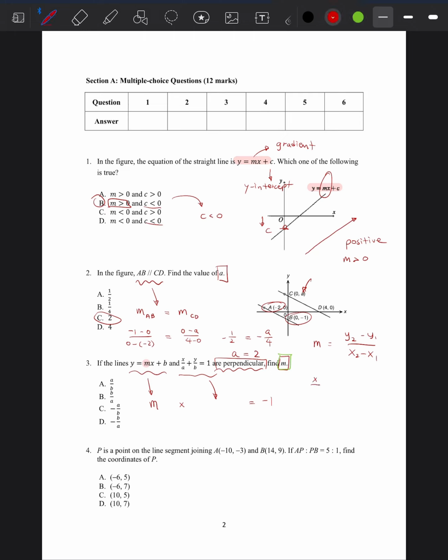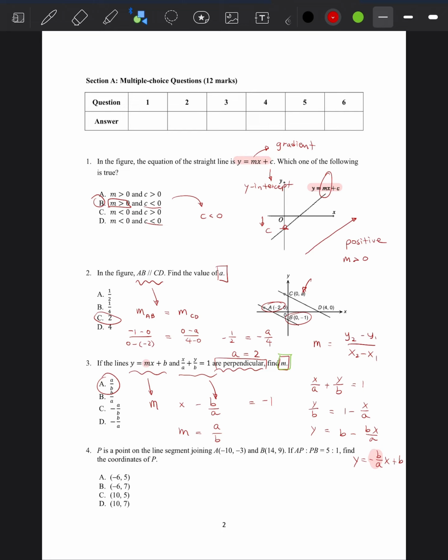For the second line, we can't tell the gradient immediately, so we have to rewrite it in the form y equals mx plus c. So just rearrange: multiply the whole equation by b and arrange it in the form y equals mx plus c. You can tell that this is the gradient for this line. Therefore your m is a/b, which is a.